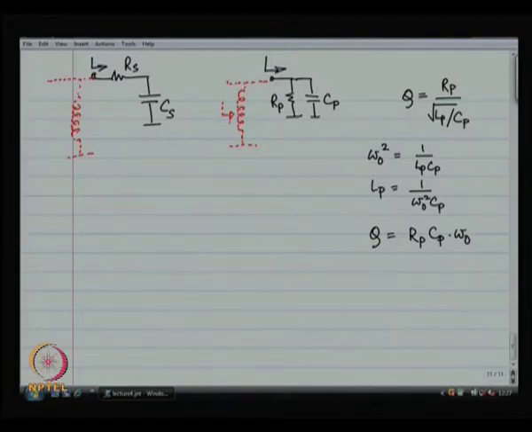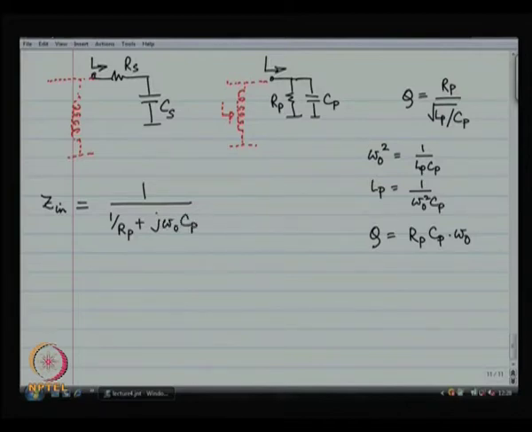Okay. So, Q is Rp times omega naught times Cp, that is the quality factor of my parallel R and C combination. So, Z in is equal to 1 by Rp plus j omega naught Cp.